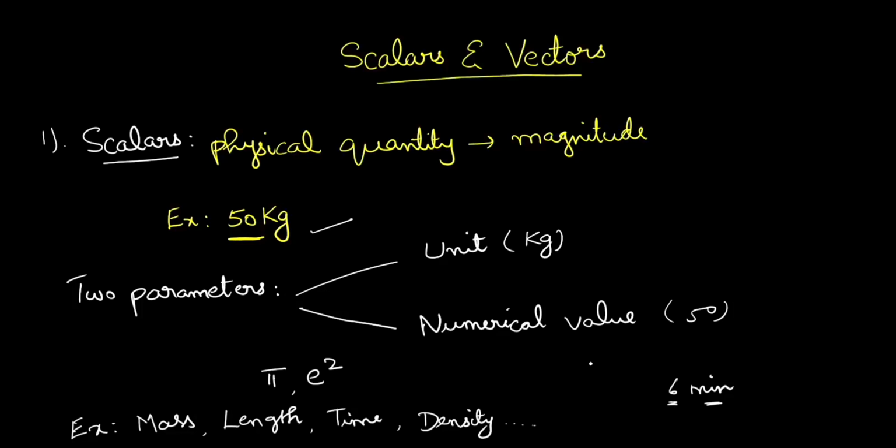Scalar quantities are represented by letters: for mass it will be m, for time it will be t, and for speed it will be v. So these are some symbols for scalar quantities, usually denoted by small letters.